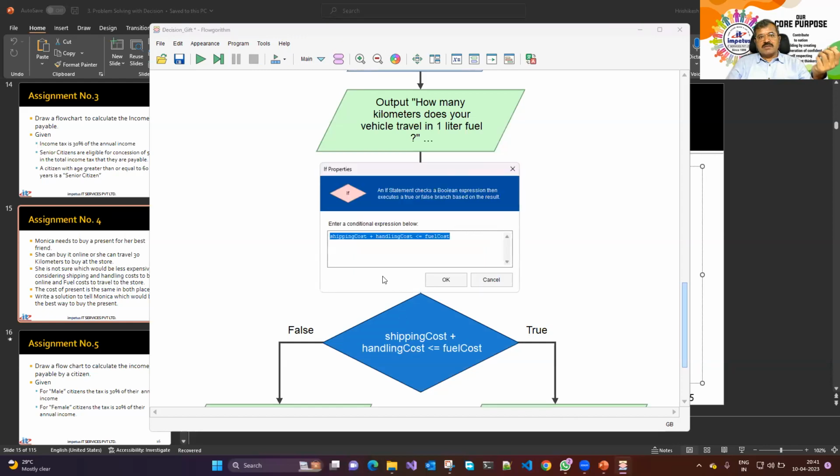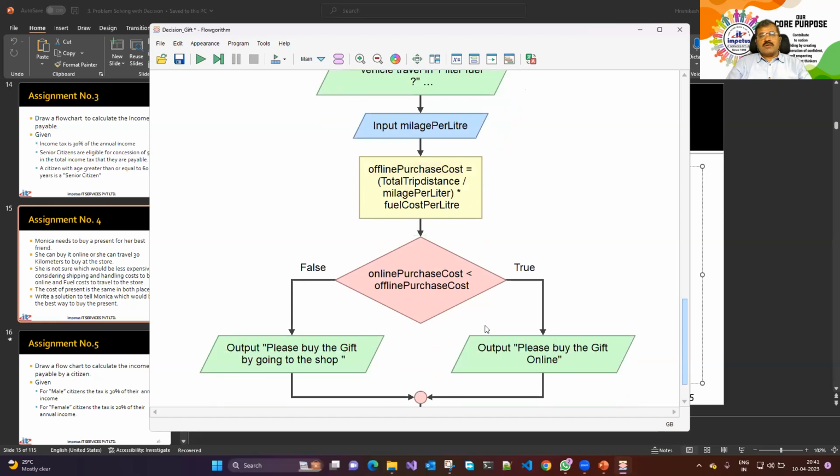Instead of writing this total thing, I'll rather say if online purchase cost is less than offline purchase cost. So we are now giving you a suggestion.